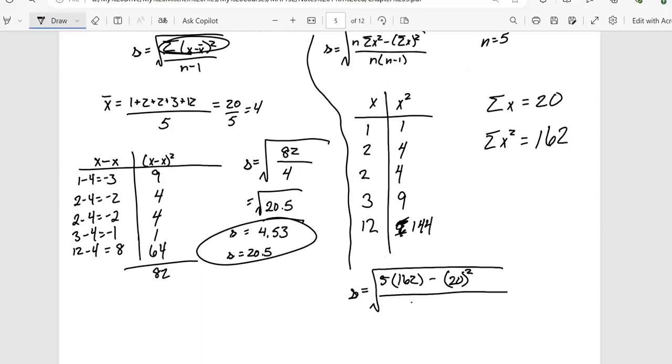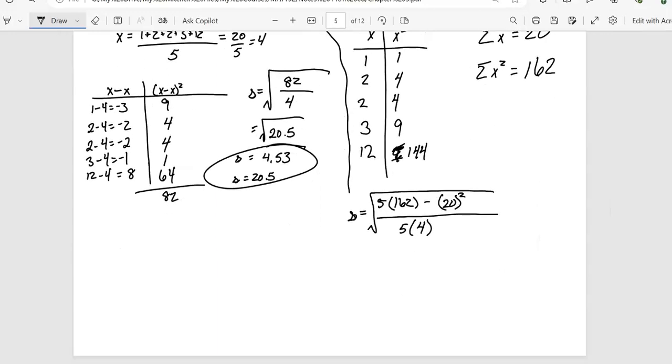And I'm going to divide by 5 times 5 minus 1. Now I'm just going to work on that inside. So 5 times 162 minus 20 squared is 410, divided by 20. And that's going to give me the square root of 20.5.